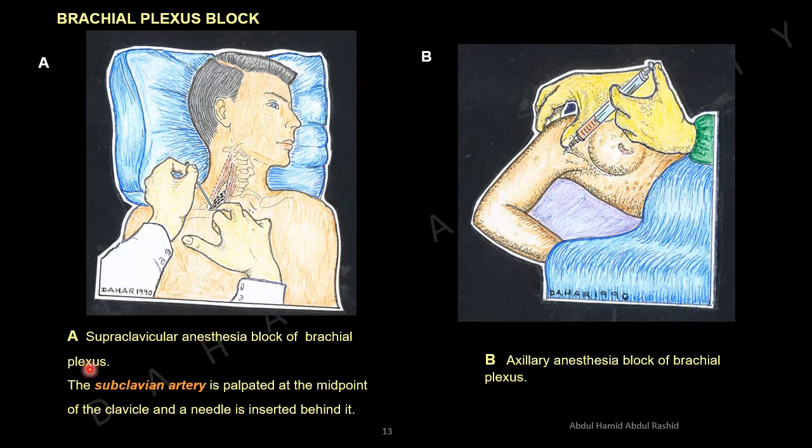A. Supraclavicular anesthesia block of the brachial plexus. The subclavian artery is palpated at the midpoint of the clavicle, and the needle is inserted behind it. B. Axillary anesthesia block of the brachial plexus. It is blocked through the axilla.